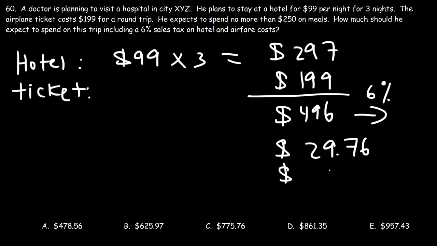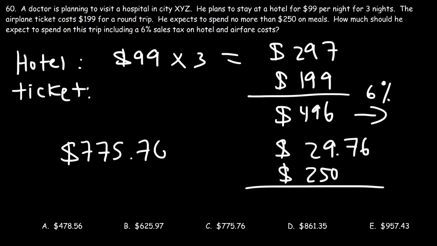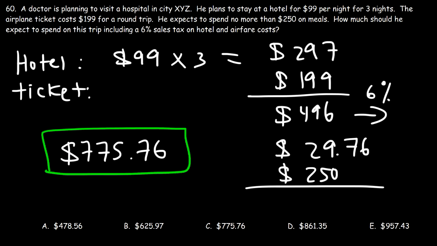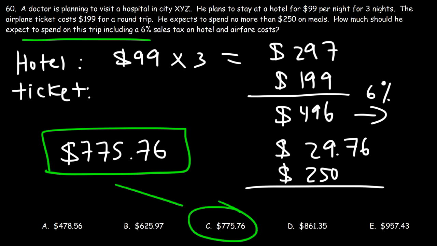In addition, he's going to spend $250 on meals. So if we add $496 plus $29.76 and $250, this will give us a total of $775.76. So that's how much he should expect to spend on this trip, which means C is the right answer.